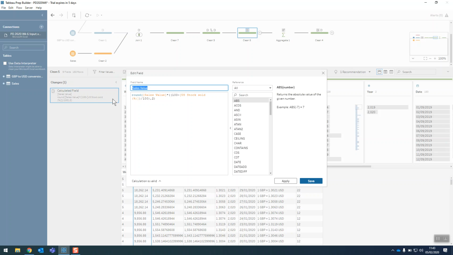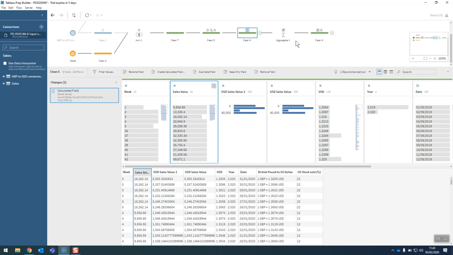So if you ignore the rounding bit for a minute, we're just saying multiply the sales value by 100% minus the percent that was from the US. And we're just doing a bit of rounding because it looks nicer. And obviously, generally, currency is with 2 decimal places. So that's the only thing that's going on in that step.